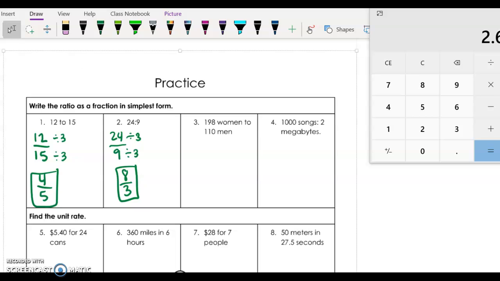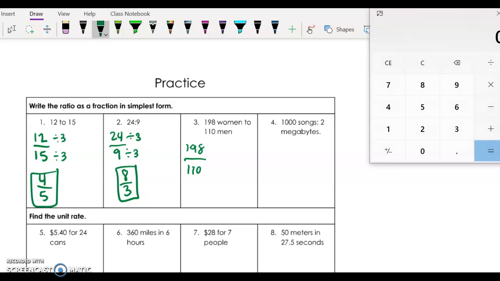Number 3, we have 198 women to 110 men. So 198 goes on top, 110 goes on bottom. What number goes into both of those? I don't know. You can just divide by 2. They're both even numbers, so let's do that.